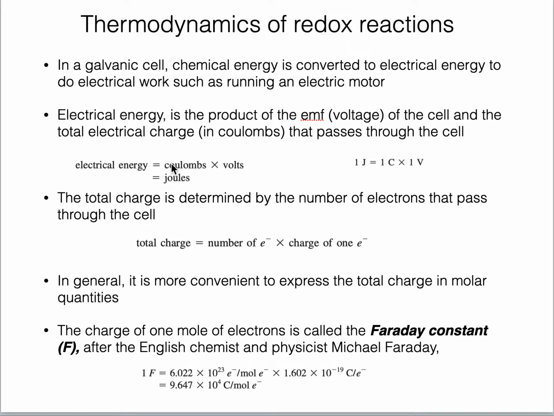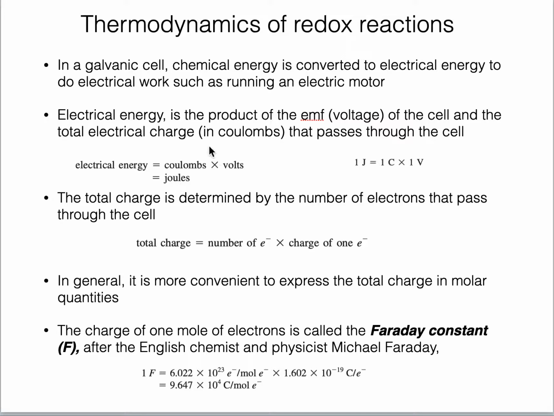The charge is represented by coulombs, and the cell voltage, the cell potential, is given by volts, and its unit will be joules, which is the unit for energy or work.